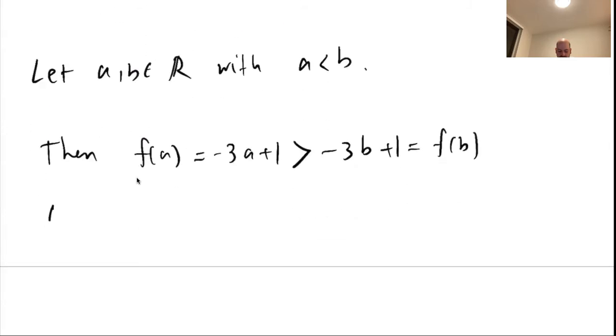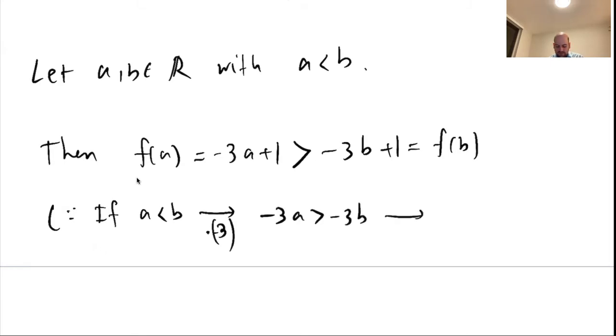Why is that? Because, if a is less than b, which is my assumption, then if I multiply both sides with minus 3, so you know from pre-calculus, if you multiply an inequality with a negative number, the inequality will flip.